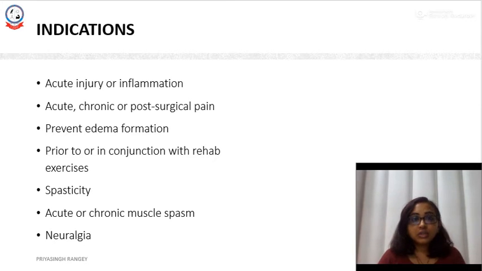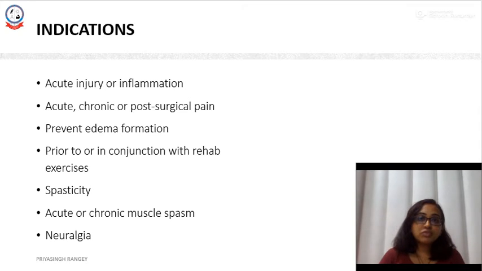We usually use cryotherapy before applying any kind of techniques that may cause pain. It can also be used in order to reduce spasticity, particularly with neurological patients, when the excitatory cold application method is used. So it can be used for both orthopedic patients and neurological patients.